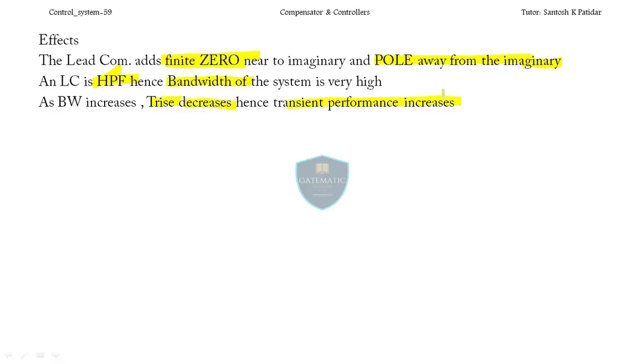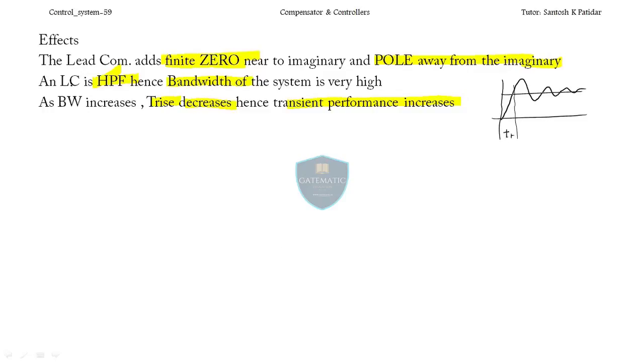T rise means the time taken by the system to get to its final value, wait a minute, I'll show you. If this is the system output, this time is nothing but T rise.